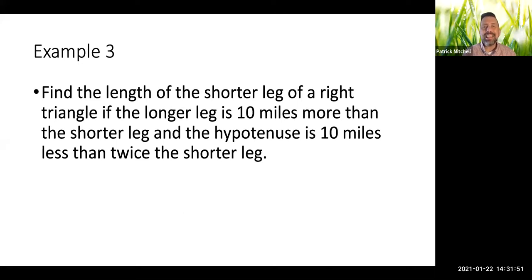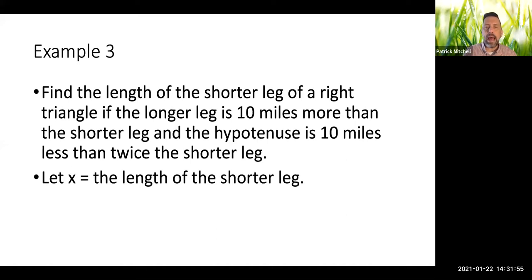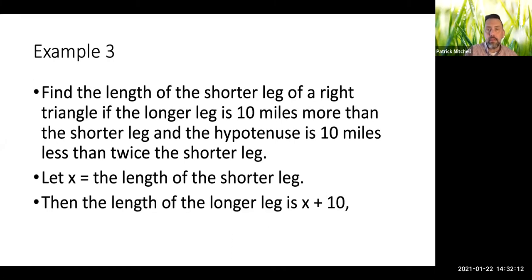They want us to find the length of the shorter leg of a right triangle. So why don't we call that x? And then they go on to tell us that the longer leg is 10 miles more than the shorter leg. So that means the length of the longer leg is x plus 10.